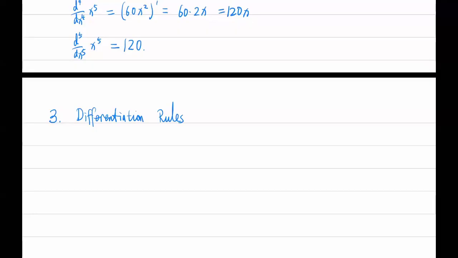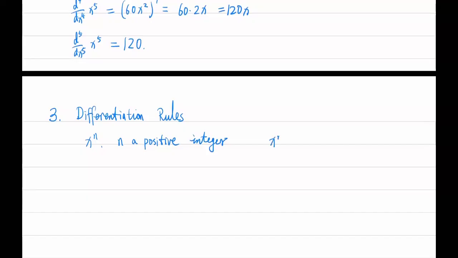The first formula we have learned is the power rule. n is an integer. In this case, we know the derivative is n x to the n minus 1.